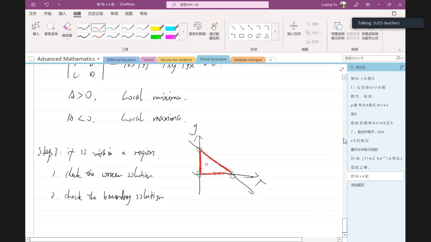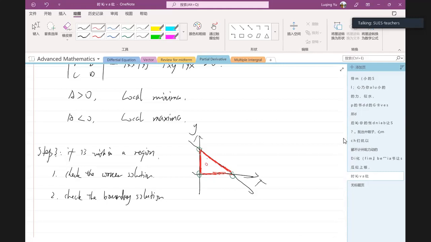It just depends on how the surface, like the paraboloid, looks. The very important thing is, when trying to find a local maximum or local minimum within a specific point or region, you should use the first order or second order conditions, and then check the corner solutions and check the boundary solutions.